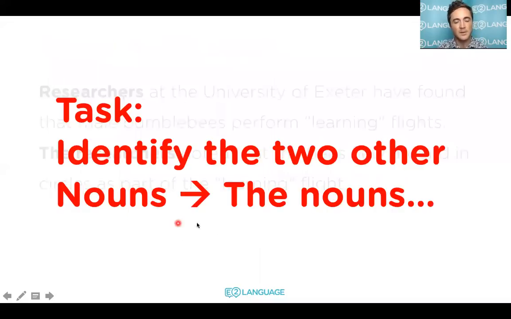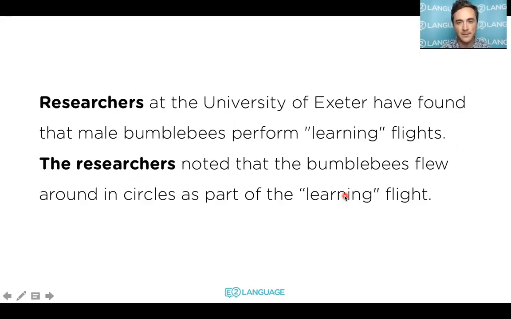Task. I want you to identify, in that paragraph I just showed you, there are two more where we go from nouns to the nouns. I want you to find them for me. Type them into the chat, please. There are two more. What are they?